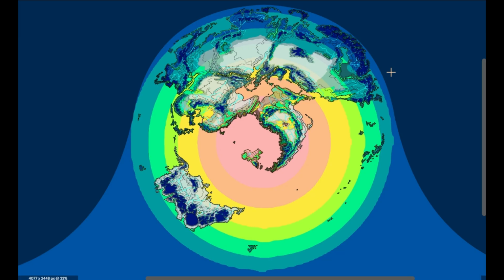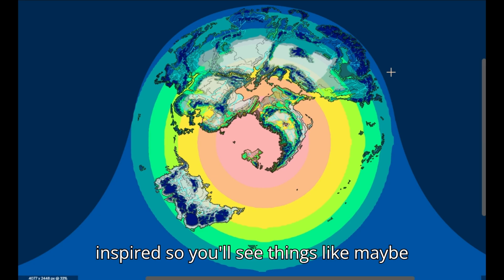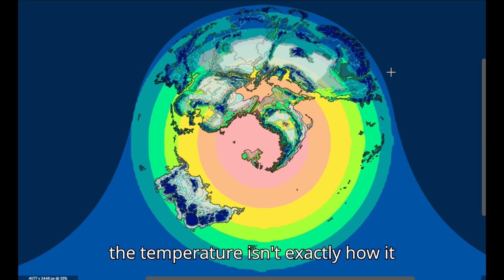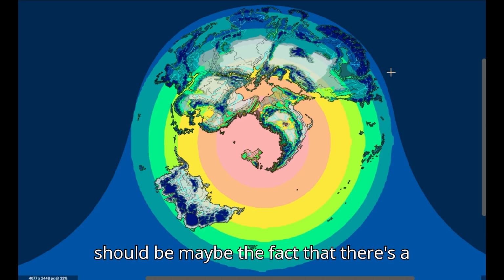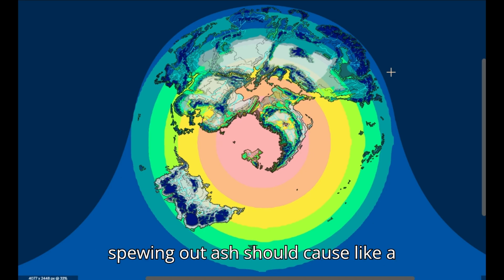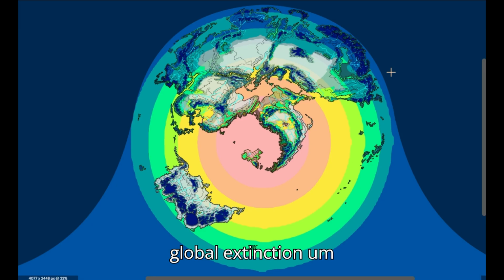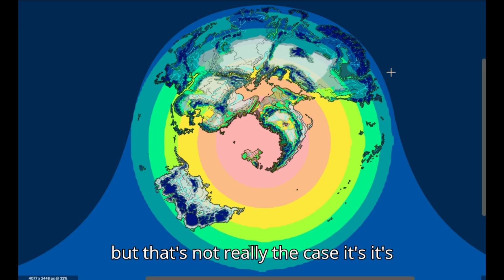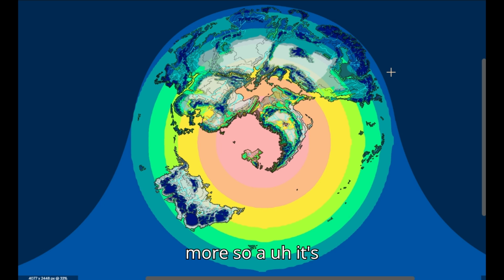Regardless, it is supposed to be scientifically inspired, so you'll see things like maybe the temperature isn't exactly how it should be, maybe the fact that there's a giant volcanic continent constantly spewing out ash should cause a global extinction, but that's not really the case. It's more so scientifically inspired.